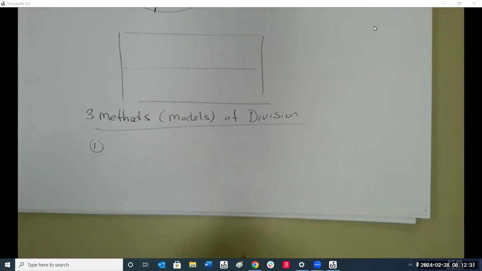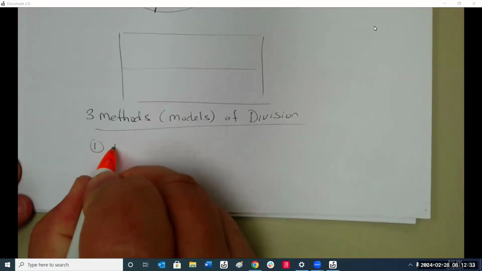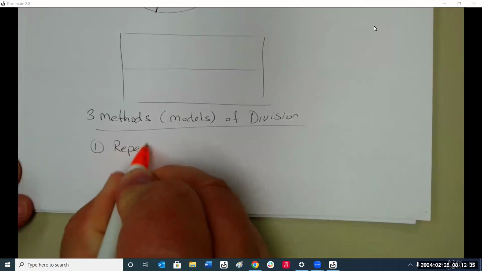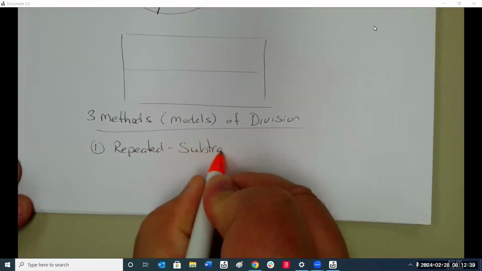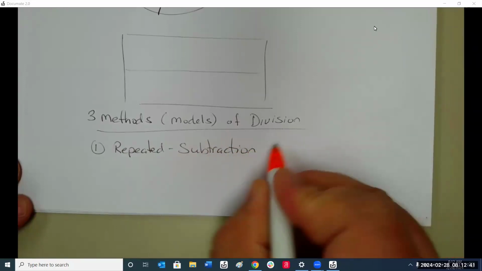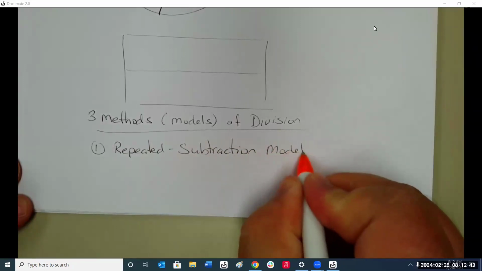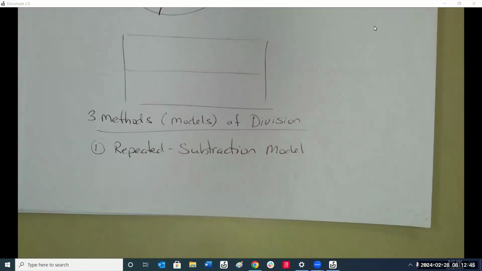The first one we're going to look at is called the repeated subtraction model. Repeated subtraction.